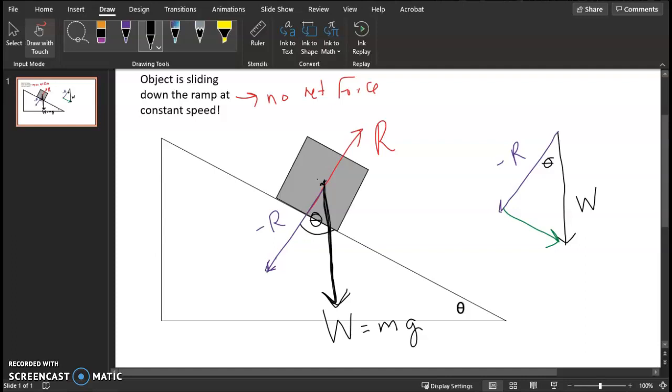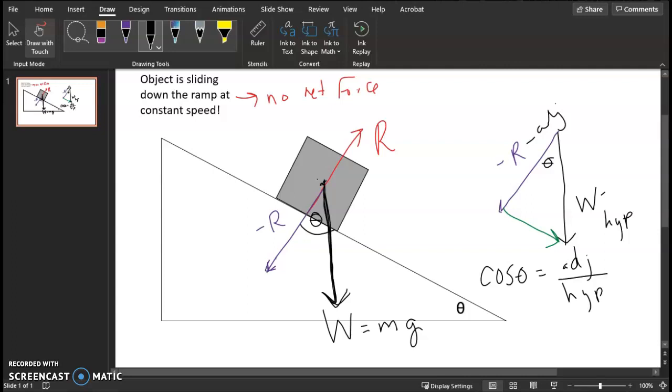So I have an adjacent side, that's this guy, adjacent. The weight vector is my hypotenuse, and I have an angle. I'll use cosine. Cosine of theta, SOHCAHTOA, is equal to the adjacent side of the triangle divided by the hypotenuse.